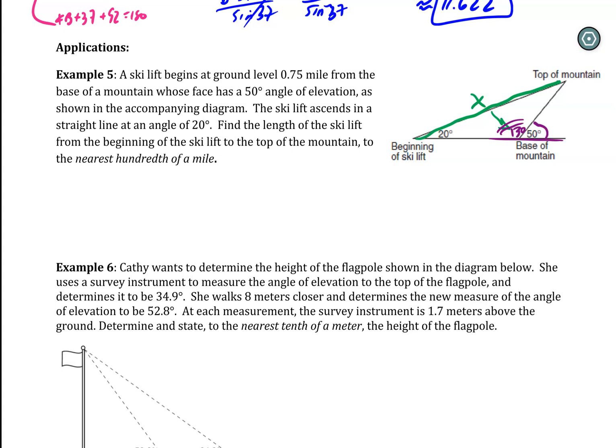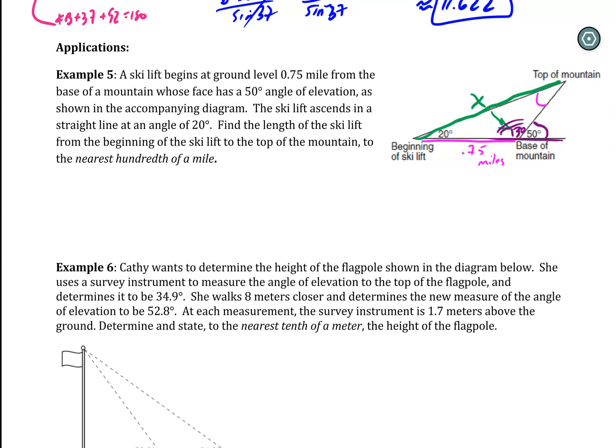And the other thing it tells me is the ski lift begins at ground level 0.75 miles from the base of the mountain. So now I know that this part here is 0.75 miles. All right, which means I need this angle over here.